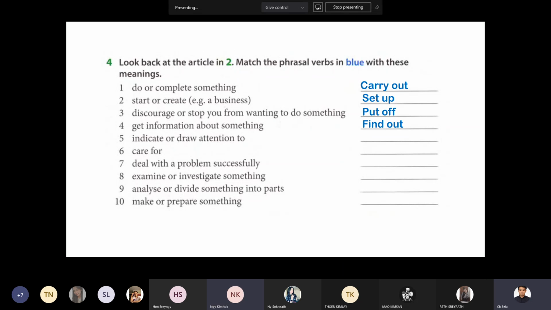Point out. Number six, care for. Look after. Number seven, deal with a problem successfully. Sort out. Very good. Number eight, examine or investigate something.